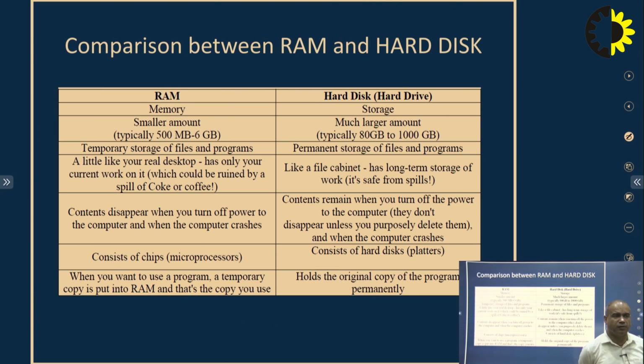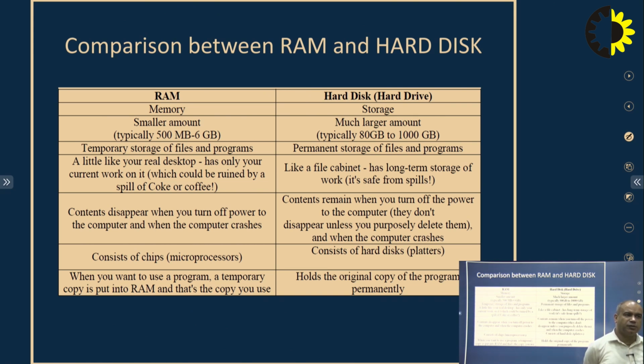RAM is a little like your real desktop, which has only your current work on it and can be ruined by a spill of coke or coffee. The hard disk is like a file cabinet that has large storage and is safe from any kind of spill.